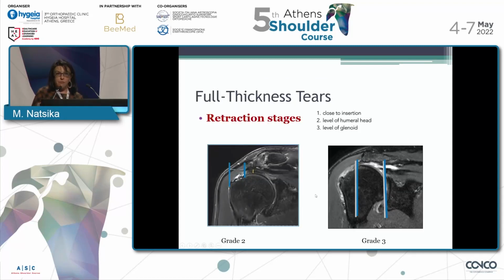Also, we must stage the retraction, and we divide this into 3 grades. The first one is when the retraction is close to the insertion. The second is when the retraction is at the level of the humeral head, in the middle of the humeral head. And the third is when it's at the level of the glenohumeral joint.